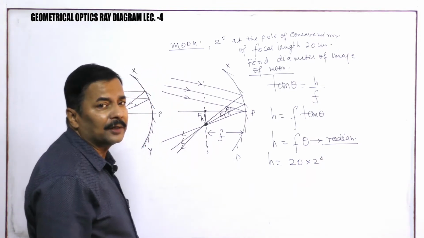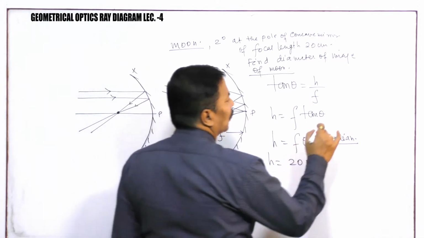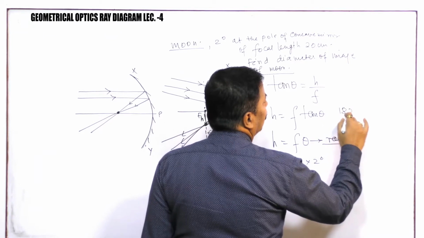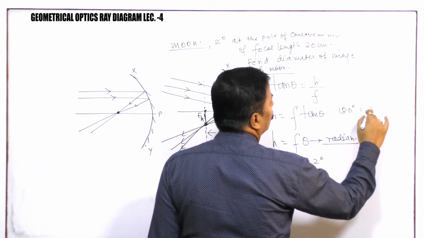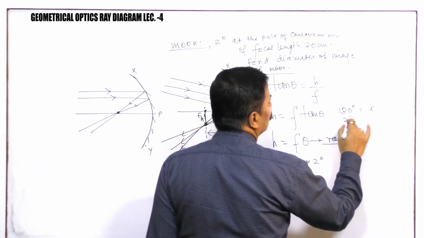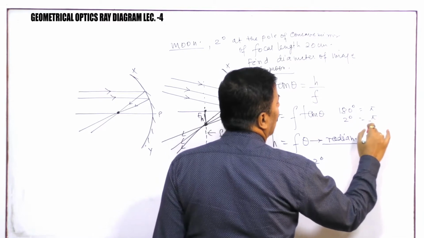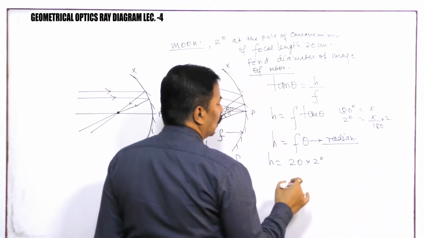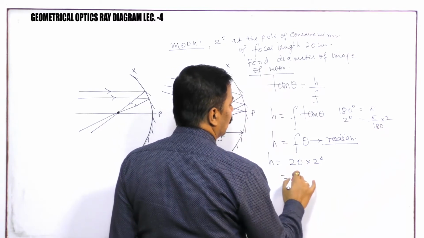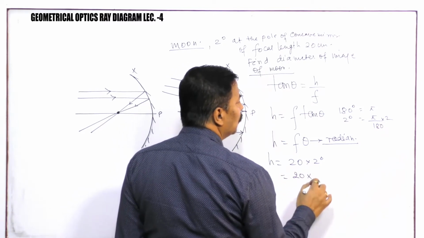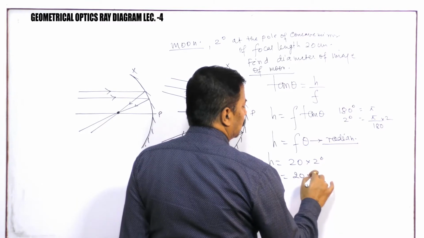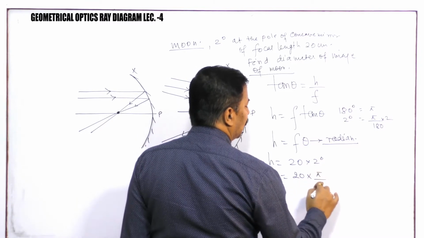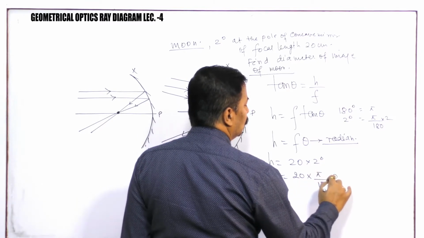So how do we convert degree into radian? 180 degree is equal to pi radian. So 2 degree is equal to pi by 180 into 2. So this can be written as 20 into pi by 180 into 2.